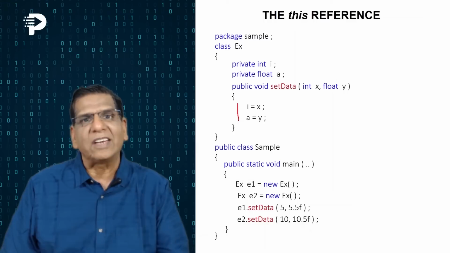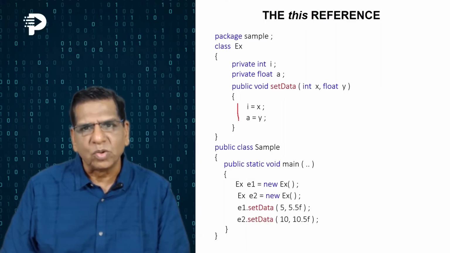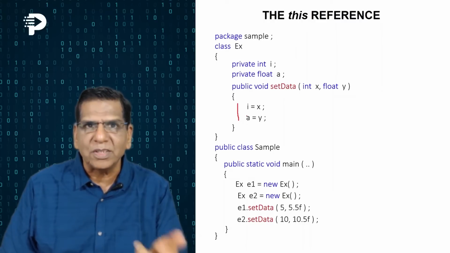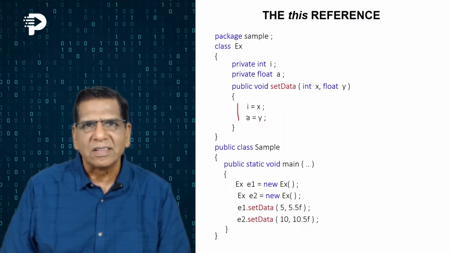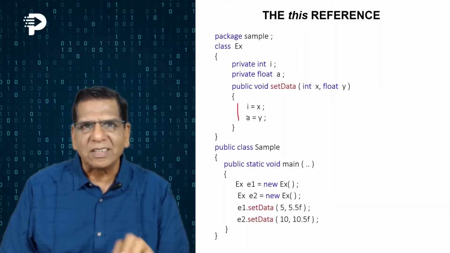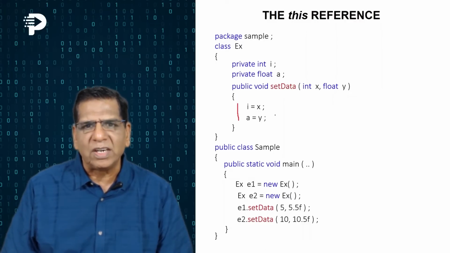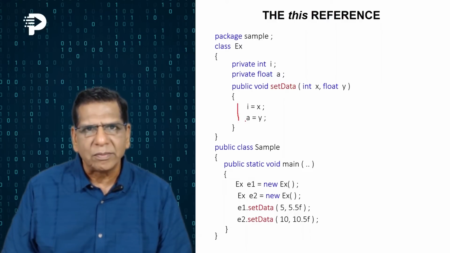That brings us to a larger question as to whether these i and a belong to the first object or the second object. The common answer that people give is that, well, when using e1, when you land into set data, these are i and a belonging to the object pointed to by e1.